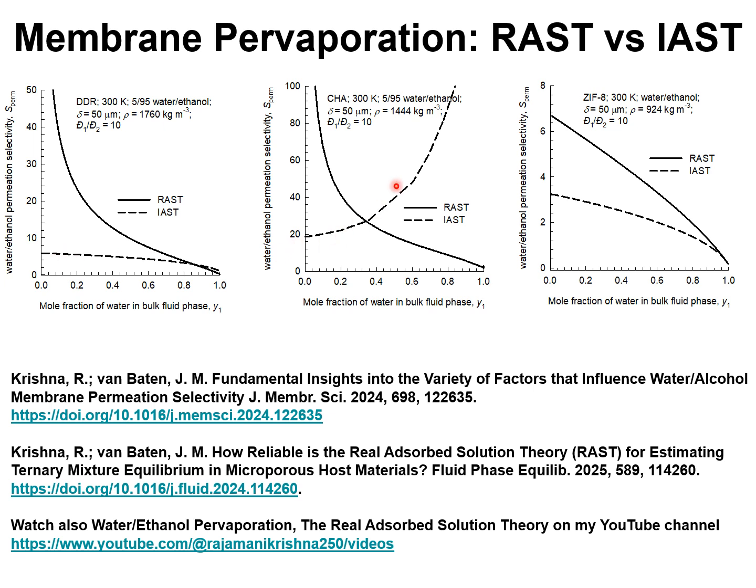The same story holds for a chabazite membrane. The permeation selectivity predicted by the RAST model is significantly higher, by about a factor 5, for mole fractions of the feed mixture smaller than about 10%, as compared to the IAST predictions.